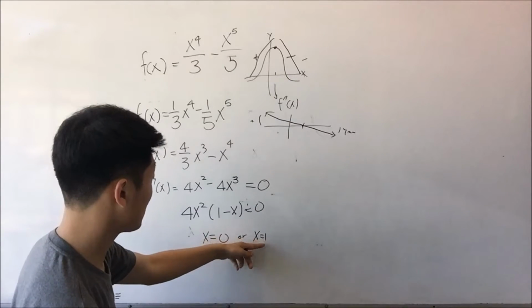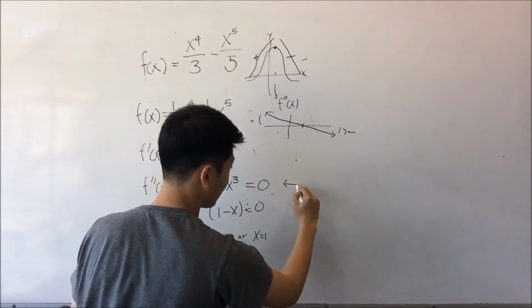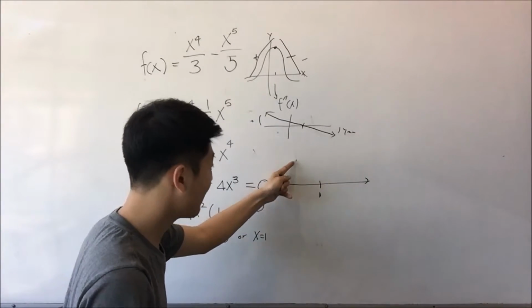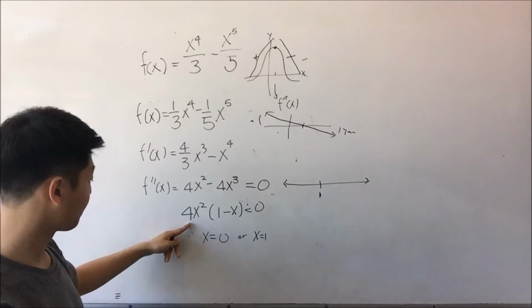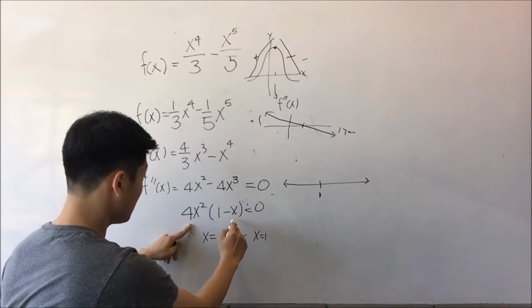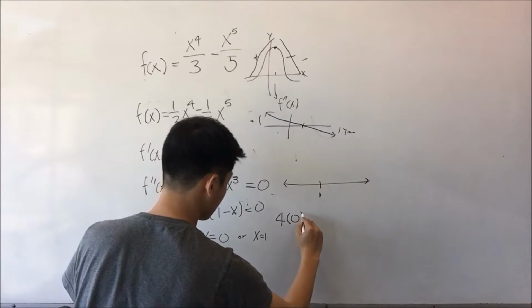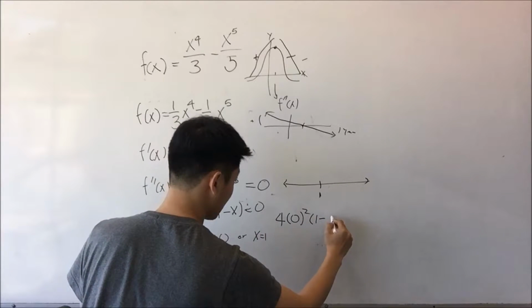So let's start plugging in. Let's graph here, this is 1. So it has to be positive and negative. So if I plug in 0 here, this will be 4x squared times 1 minus 0.